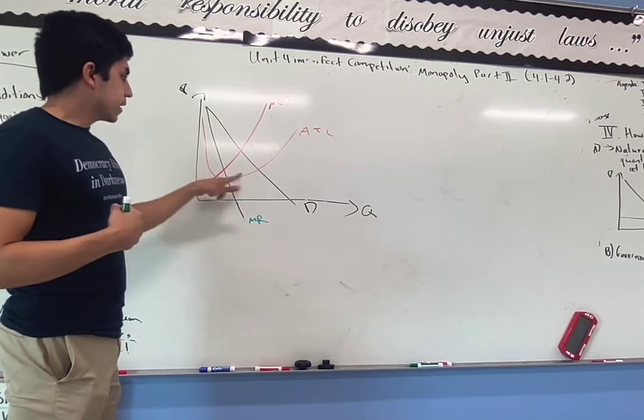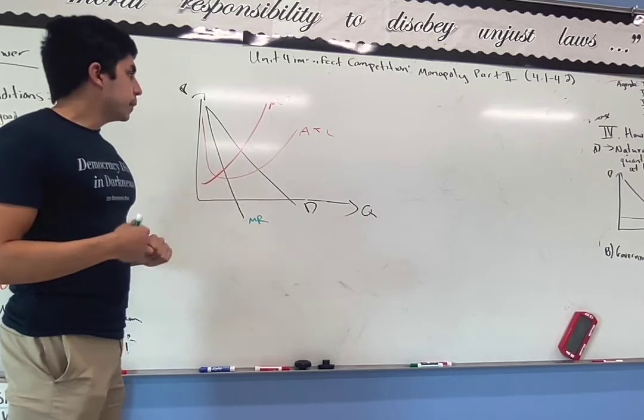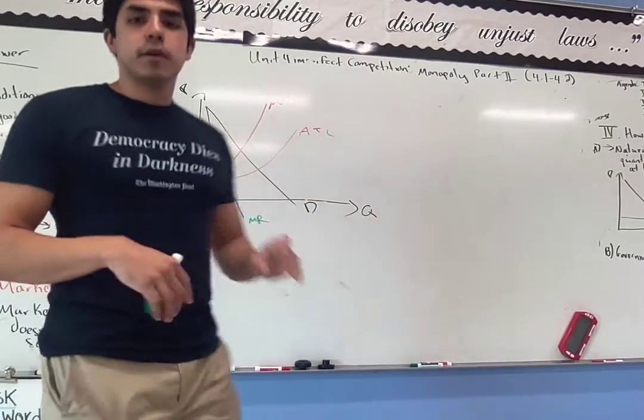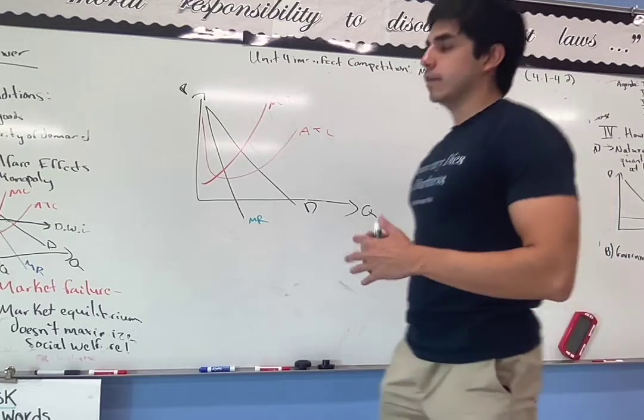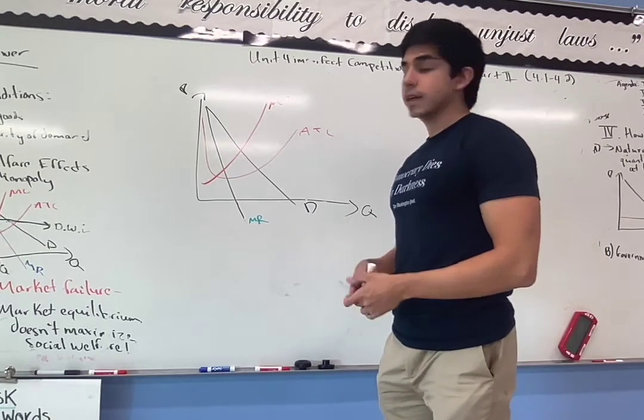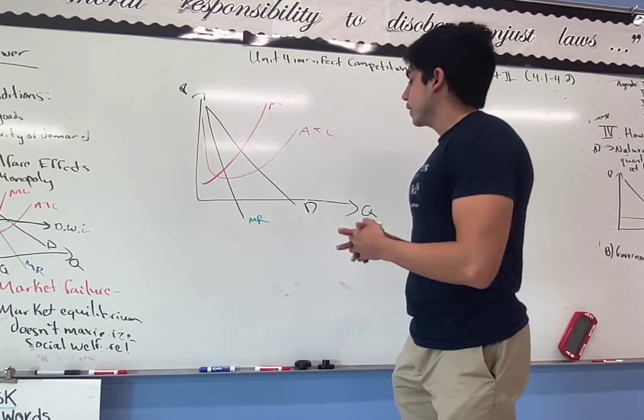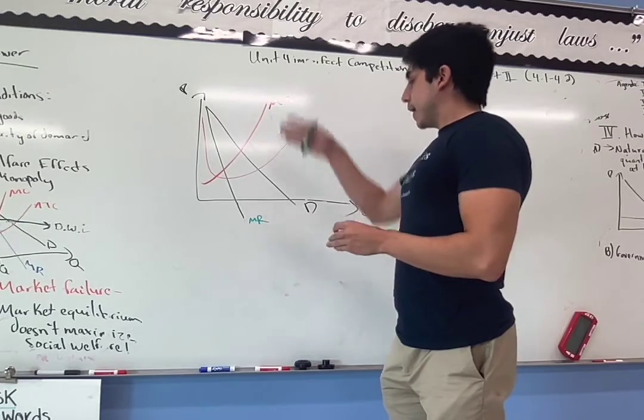Our marginal cost is going to intersect the ATC curve at the minimum point. We discussed why we face increasing marginal costs in the short run because of diminishing marginal returns and stuff like that.